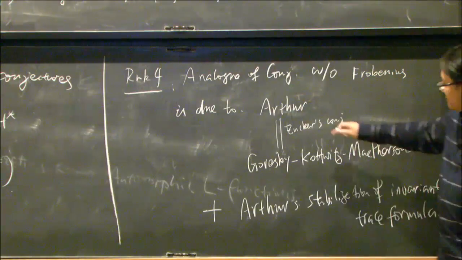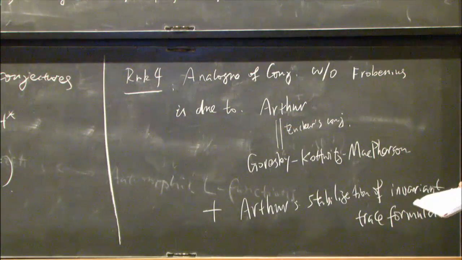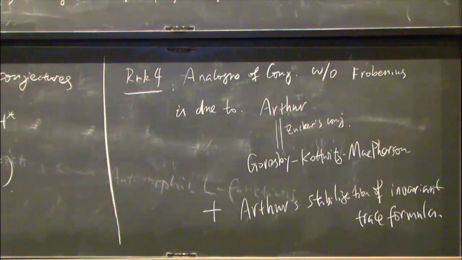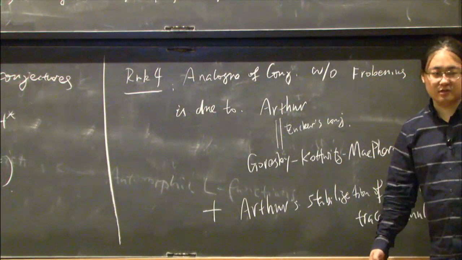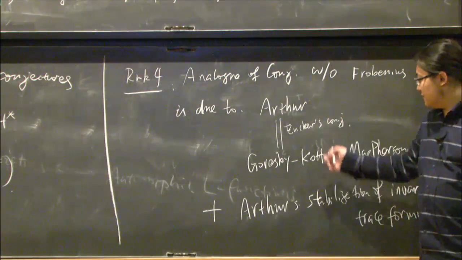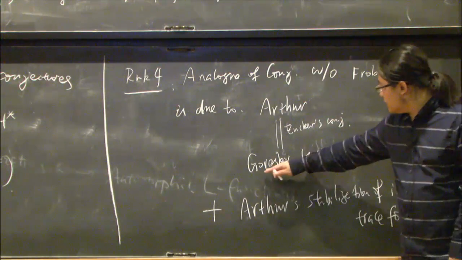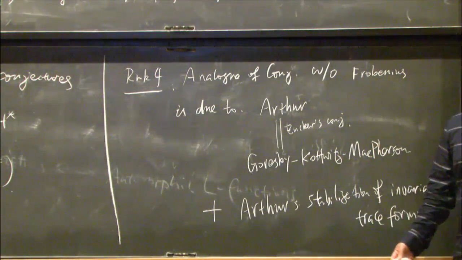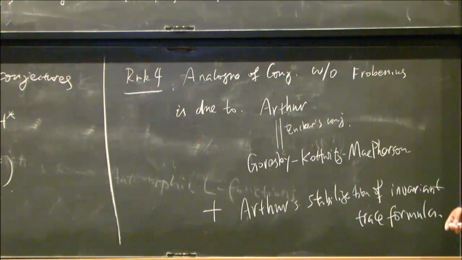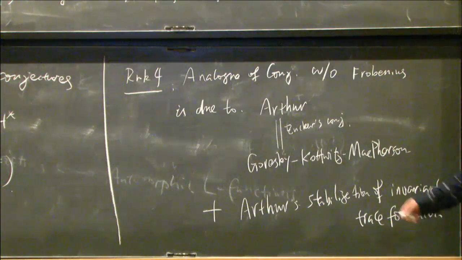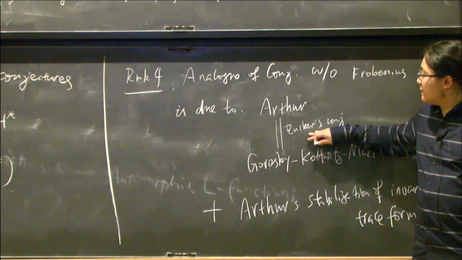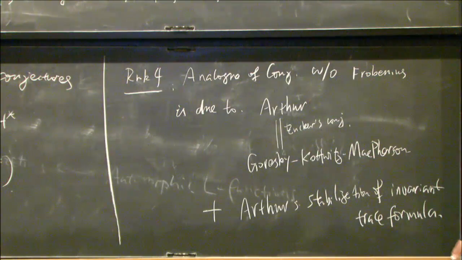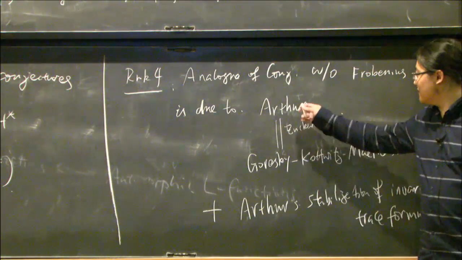So basically what Arthur does is he proves that the trace of a Hecke operator on the L2 cohomology of any locally symmetric space can be expressed in terms of the invariant trace formula. And what GKM does is basically the same, but for the intersection cohomology of the Baily-Borel compactification instead of L2 cohomology. And Zucker's conjecture states that the intersection cohomology of the Baily-Borel compactification is the same as the L2 cohomology of the original Shimura variety.